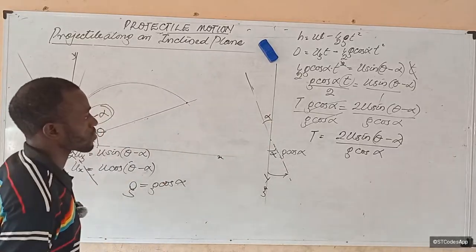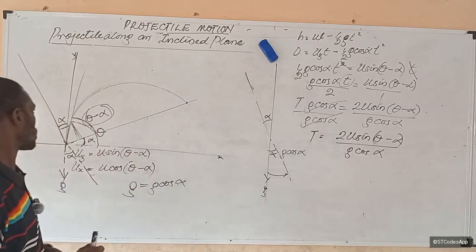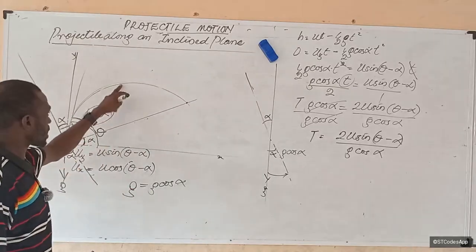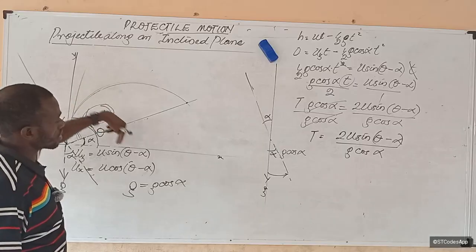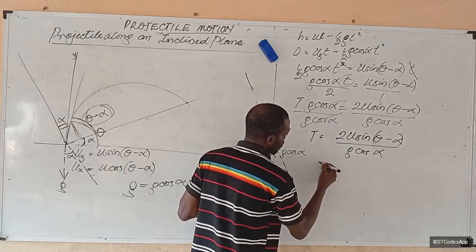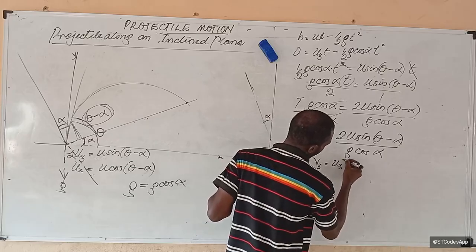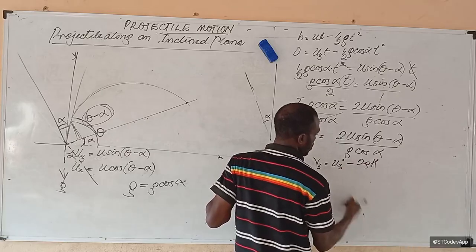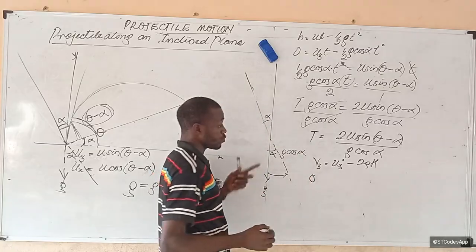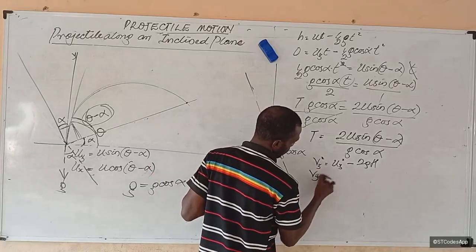What will be the maximum height reached? This maximum height too will be seen with respect to the horizontal, right? Using the formula v sub y squared is equal to u sub y squared minus 2gh, at maximum height v will be 0, so v sub y squared is equal to 0.